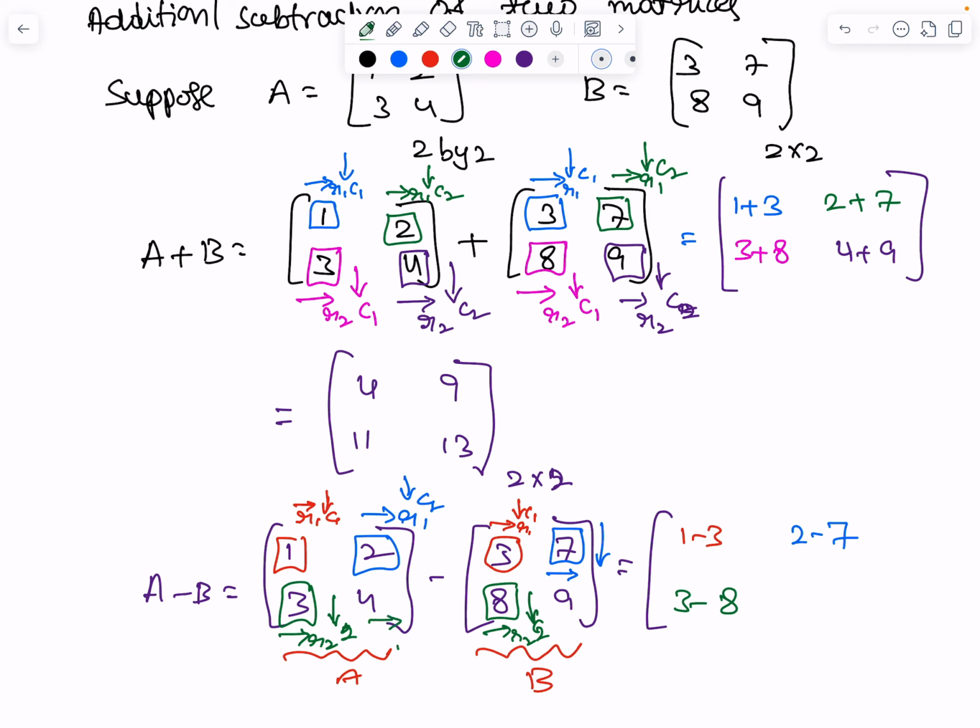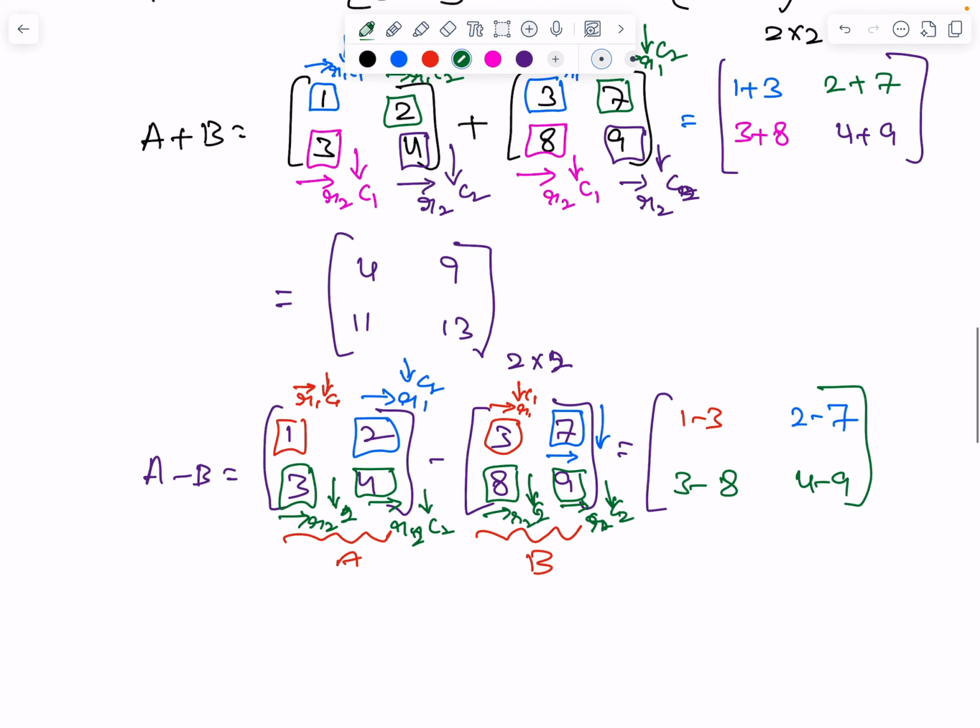Similarly, you have row 2 C2 in the first matrix A and row 2 C2 in the second matrix, therefore 4 minus 9.